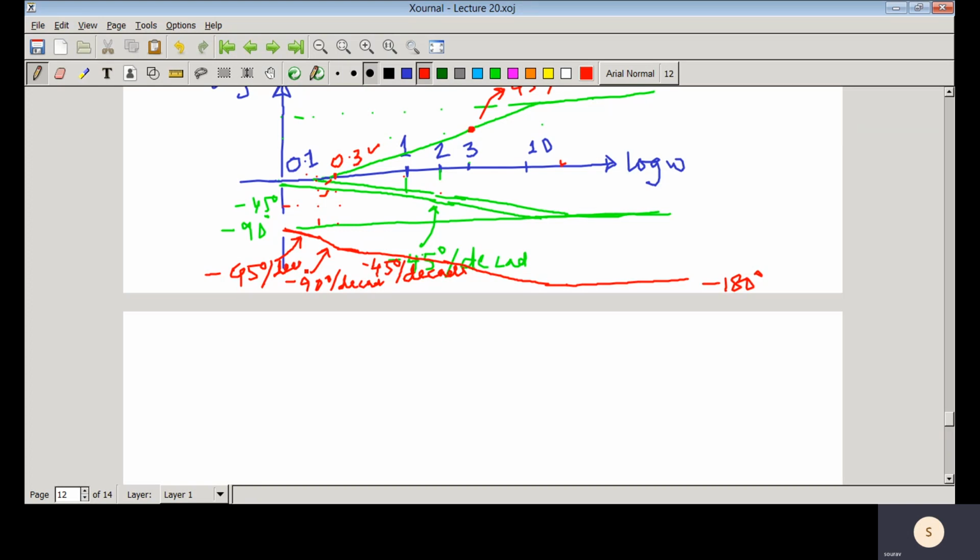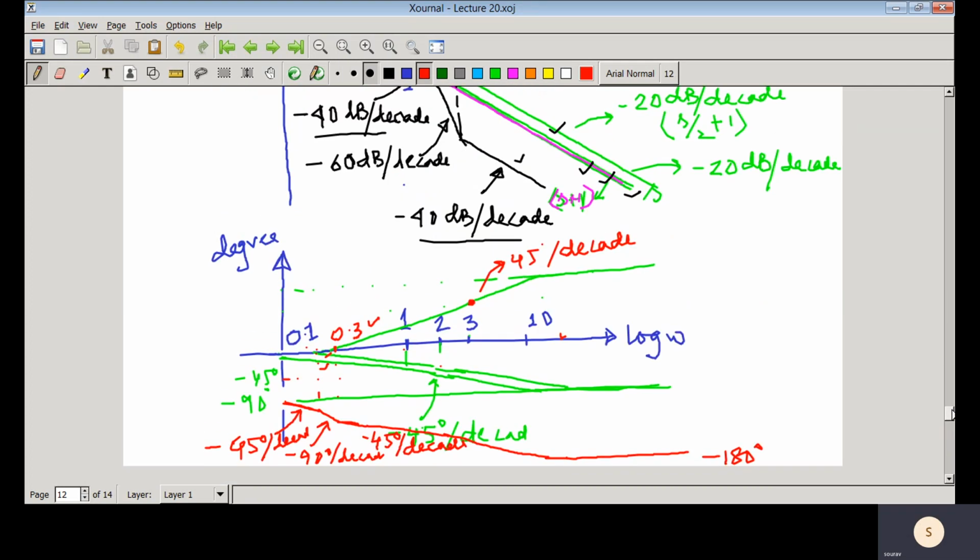So here in the angle what we have done is we have individually plotted those slopes, and then we found that the slope will go like this. So initially it would be minus 45 degree, and after that minus 90 degree, because these two slopes will be added, and after that there will be a positive slope. So then again minus 45 degree, and finally it goes to minus 180 degree.